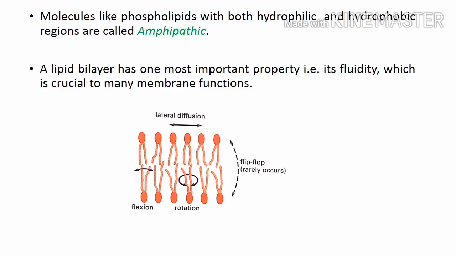So as we can see, a phospholipid molecule has one hydrophilic head and two hydrophobic tails. That is, a phospholipid molecule is hydrophilic at one end and hydrophobic at the other end, and such molecules are known as amphipathic molecules.